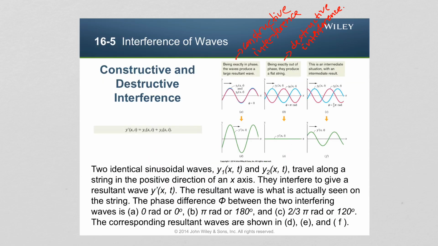And so this is not the maximum possible amplitude, but it's not zero either. So it's somewhere in between those two cases. I should have mentioned that for constructive interference, the phase difference is phi equal to 0. So I said that the two waves are in phase. When the two waves are completely out of phase, then the phase angle is pi radians.